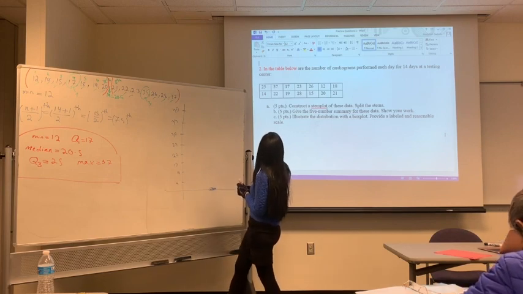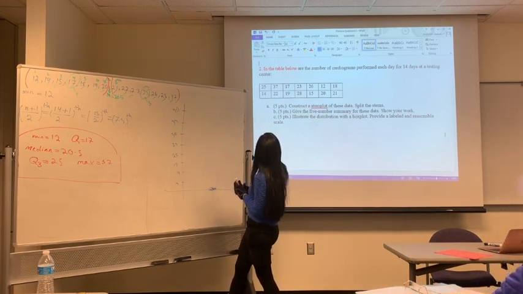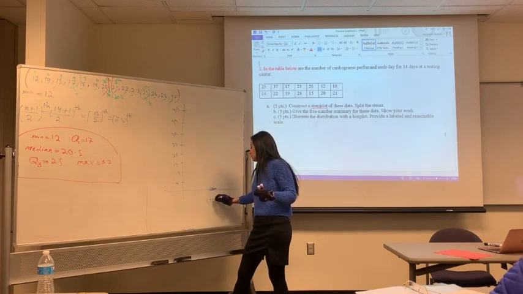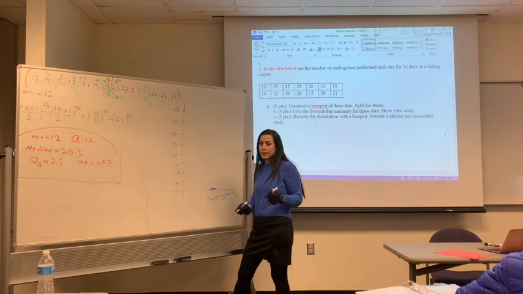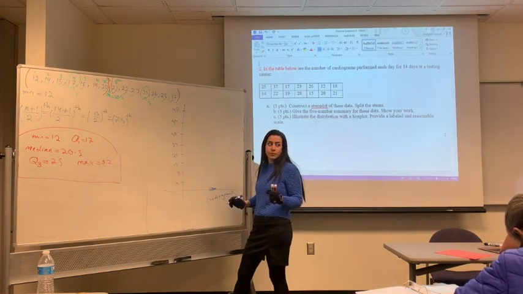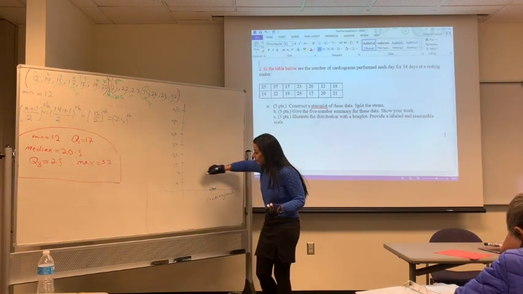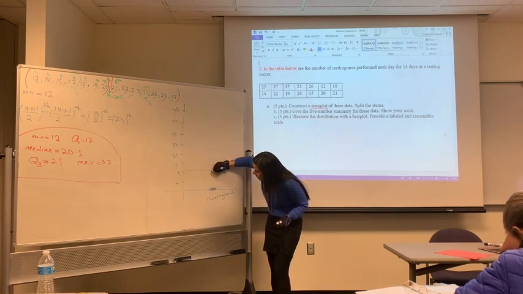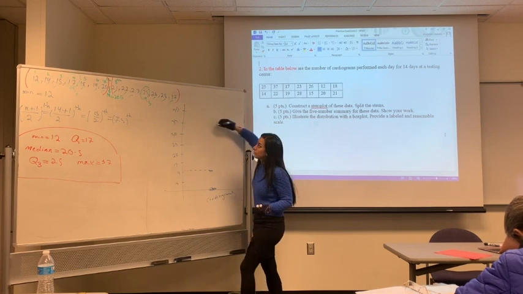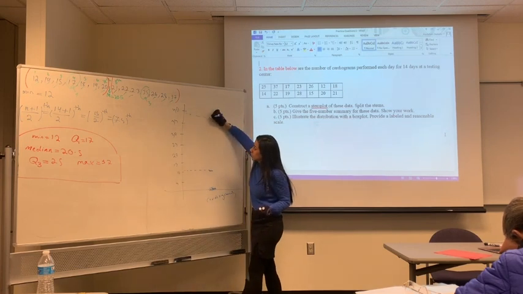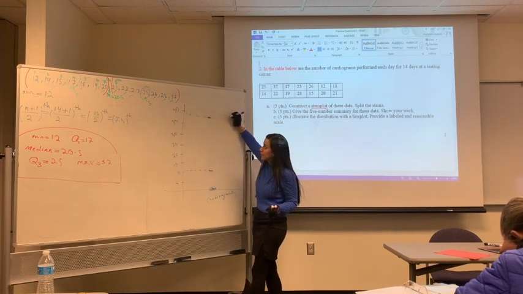Calories? Oh, what is that? Number of cardiograms? Okay. Minimum was 12, right? Yes. Maximum is 37. Correct?